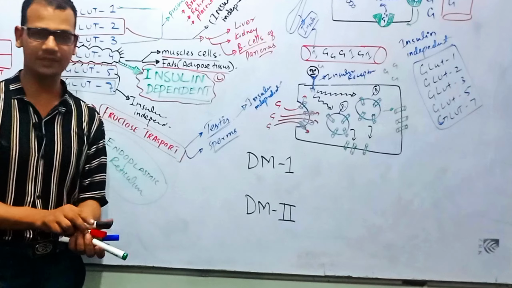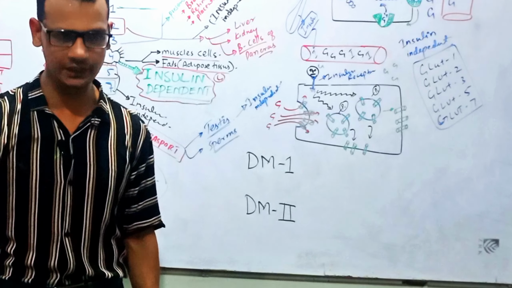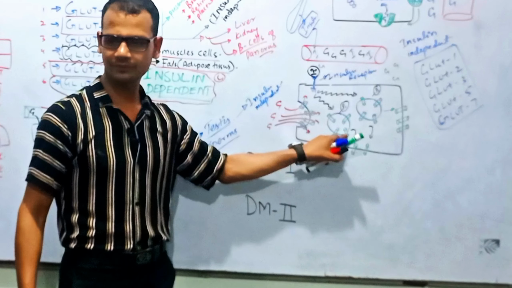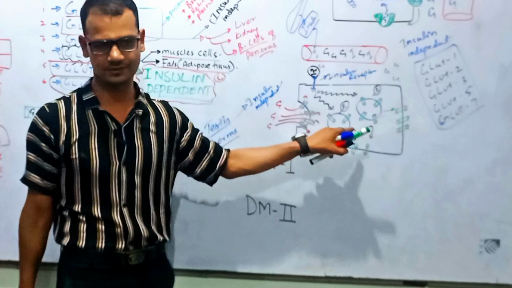In diabetes mellitus type 1, the pancreas is not able to produce enough insulin to take glucose from the blood into the cell, and so the sugar level in the blood increases, right?